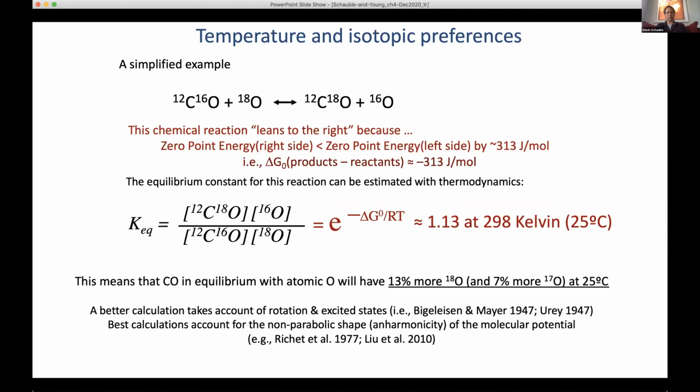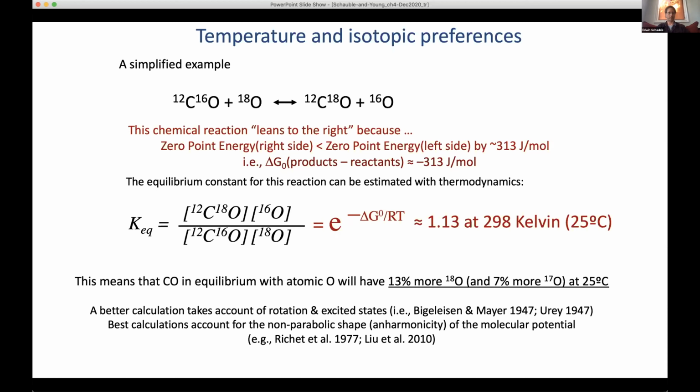We can go a little farther and use that observation to estimate an equilibrium isotope fractionation associated with carbon monoxide. Here I'm going to do it in a perhaps not very geochemically useful, but theoretically convenient exchange equation, where a carbon monoxide molecule is exchanging oxygen isotopes with atomic oxygen, a pool of oxygen atoms that are not bonded to anything else.